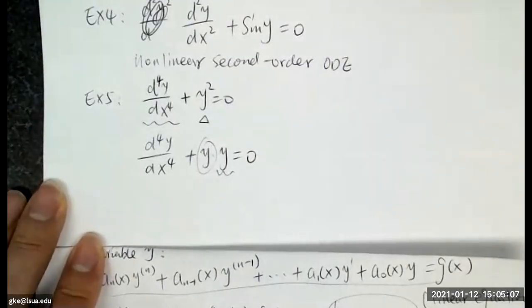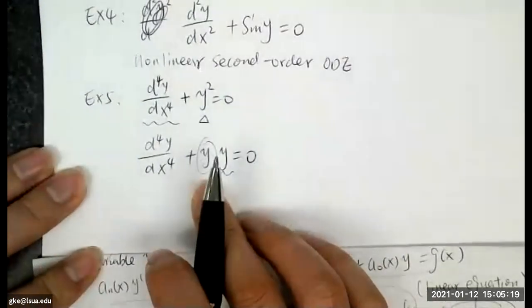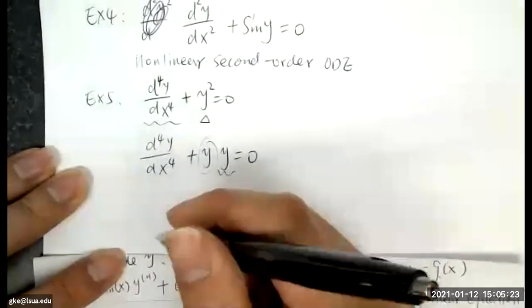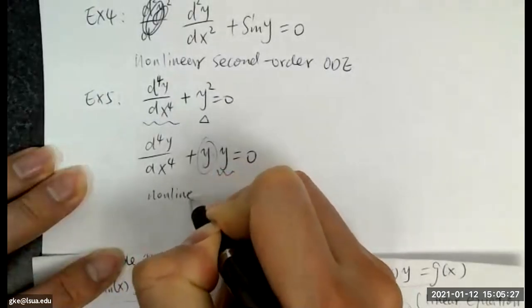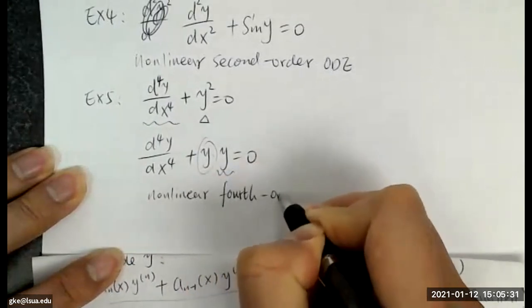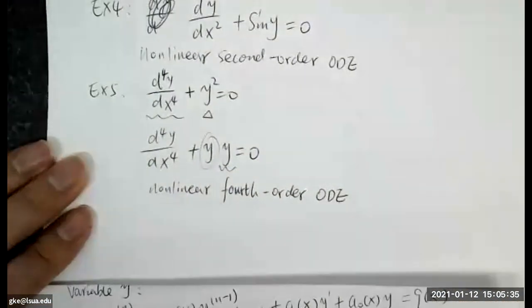We always require that the coefficient of y, or the first derivative, nth derivative, is a function of x or constant. Right? So here it is not a constant. It's a function of y. Okay. So non-linear, fourth order ODE. That's it.